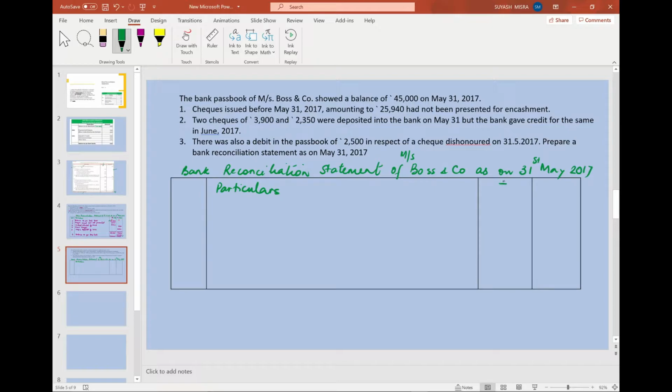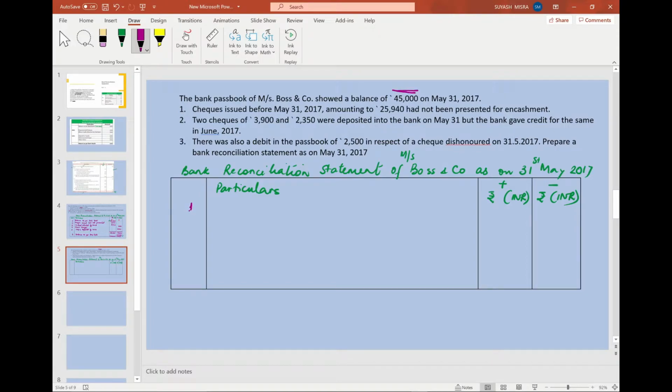I'm going to add rupees, subtract rupees. All right, let's begin. The passbook showed a balance of 45,000. So I would start here.